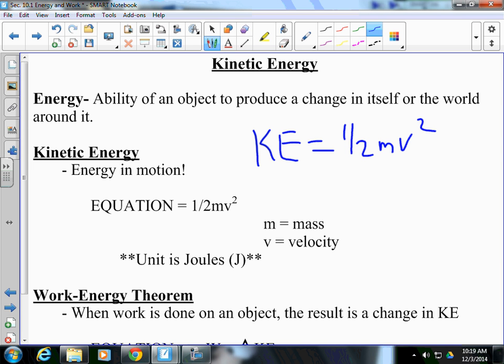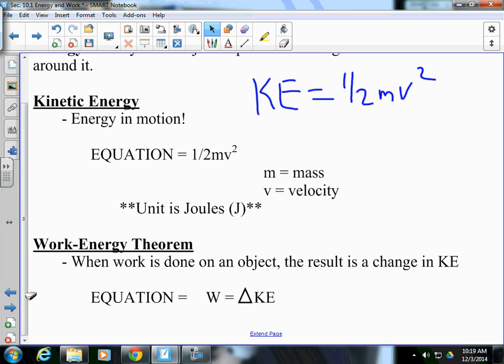Just as mentioned earlier, the unit for kinetic energy is joules, because our base unit for energy is the joule a lot of the time. So our unit for kinetic energy is joules, and our unit for work is joules. Since they have the same unit, we can tie them together in the work energy theorem.